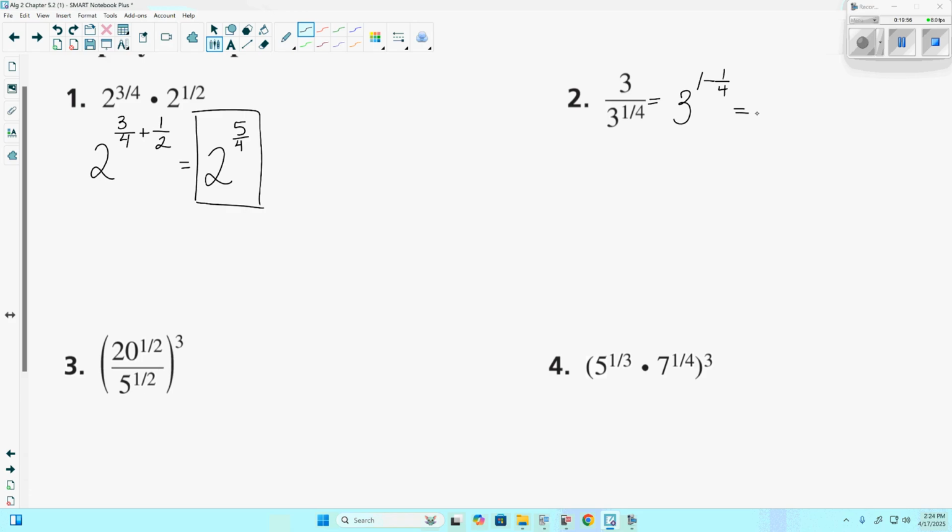We just know that when we divide like bases, we subtract the exponents. Numerator's exponent goes first, denominator's exponent goes second. And 1 minus 1/4 is 3/4. So we have 3 to the 3/4.